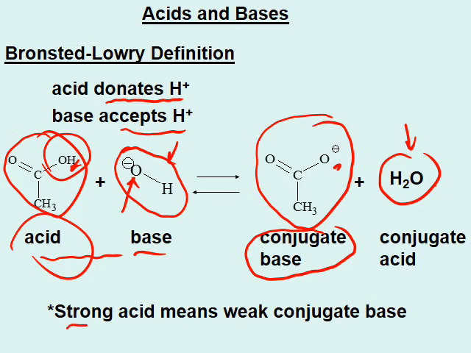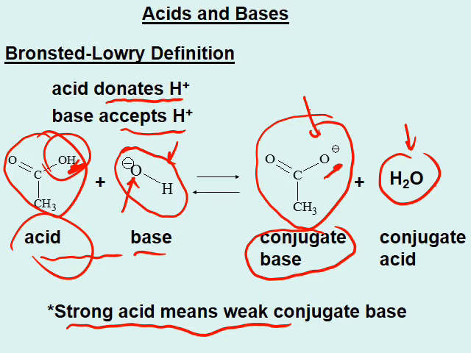A strong acid means a weak conjugate base. Now, let's try to think about this. A strong acid can readily give up H+. On the other hand, if it readily accepts H+, it would no longer be a strong acid, because a strong acid would like to get rid of its H+.